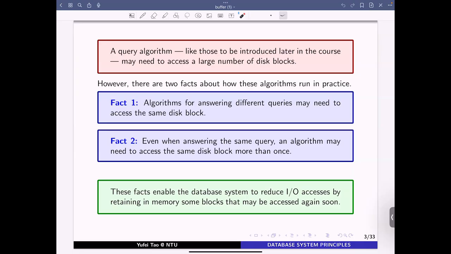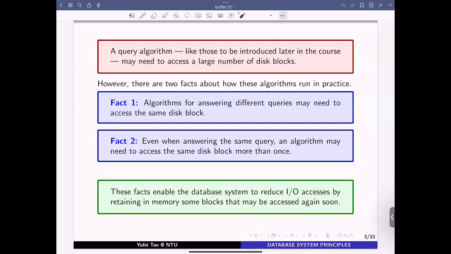People observed two very interesting facts in practice about how these algorithms execute. The first fact is not just about one single query. You can imagine you asking a query and me asking a query, and our queries could be dealing with the same table, the same relation.